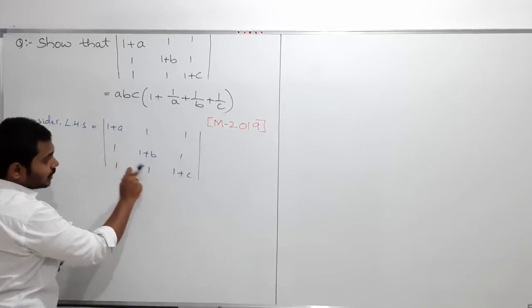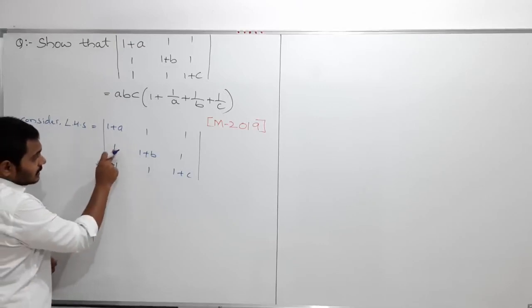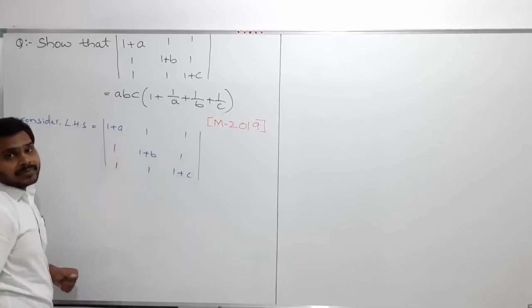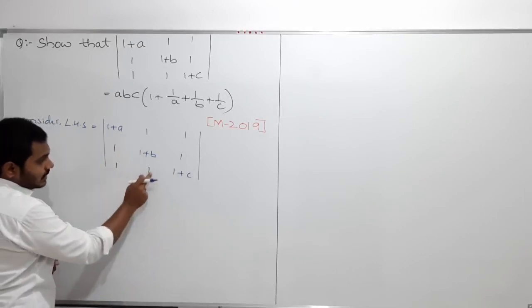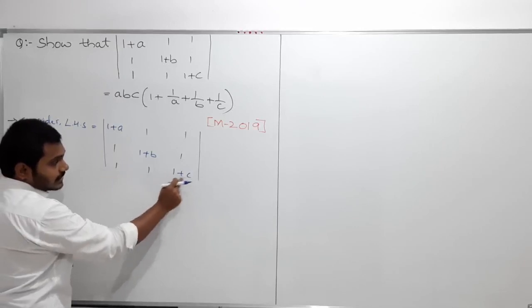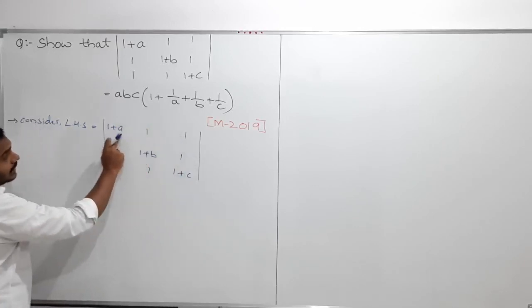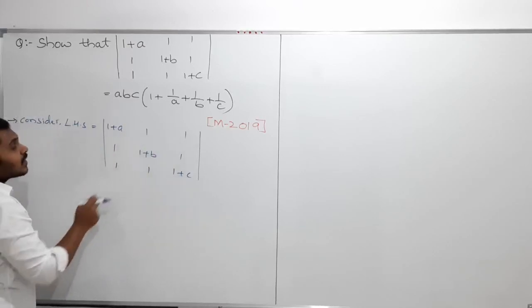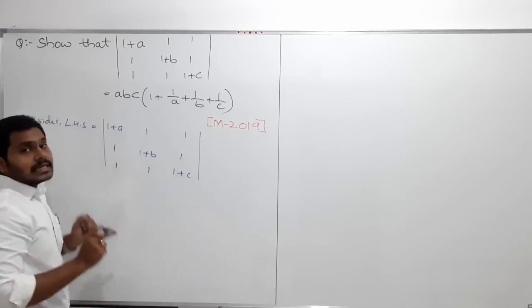And in row 2, if I take B common, it will become 1 by B, 1 by B plus 1. And from row 3, if I take C common, it will be 1 by C, 1 by C, 1 by C plus 1. So from row 1 in this LHS part I will take A common, from row 2 I will take B common, from row 3 I will take C common.